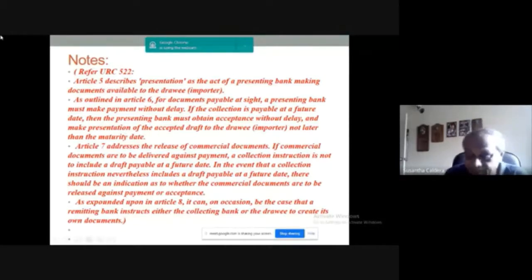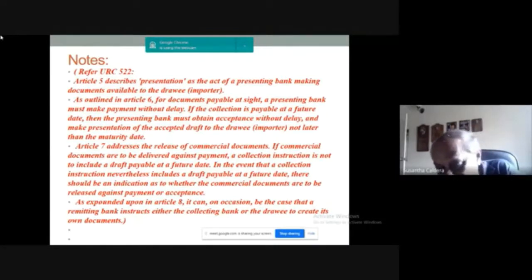The schedule says release documents against payment, DP, whereas the bill of exchange is for 60 days, DA. How are we going to release the documents in a scenario like that? Under DP or DA? Under DP only, right?